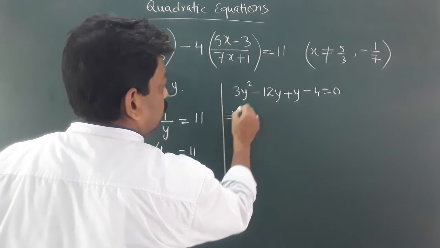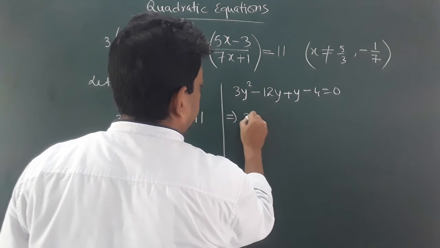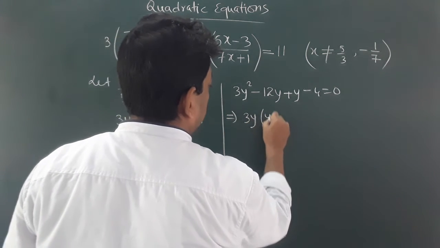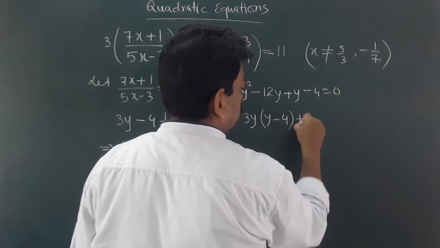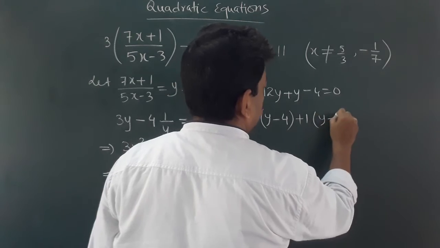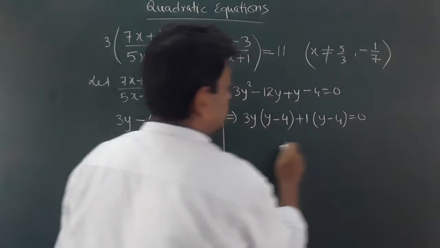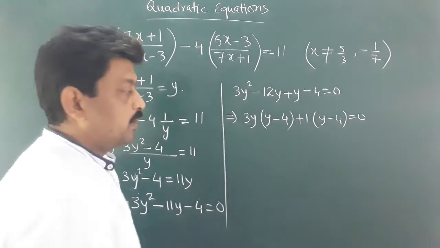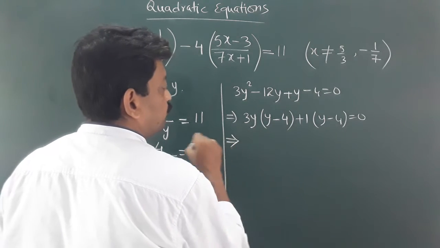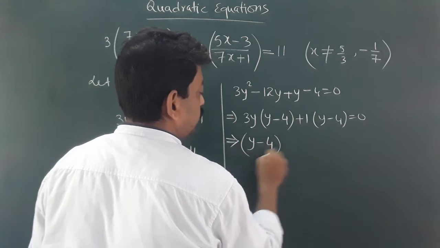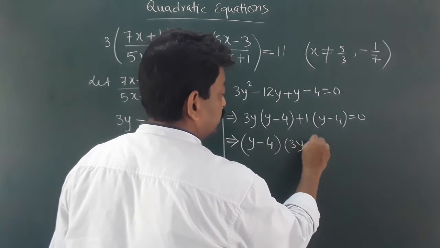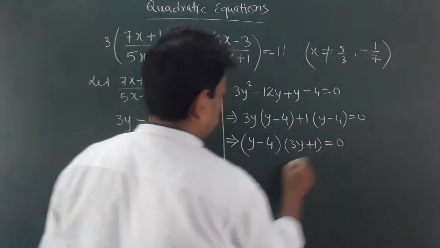So from the first two terms I can take 3y common, it will be y minus 4, and from the last two terms 1 is common, here also y minus 4. Inside the bracket both are same. So y minus 4 is common, it will be 3y plus 1 equals to 0.